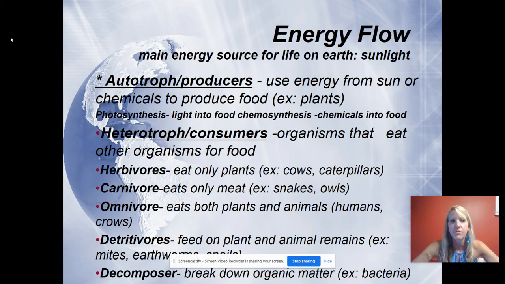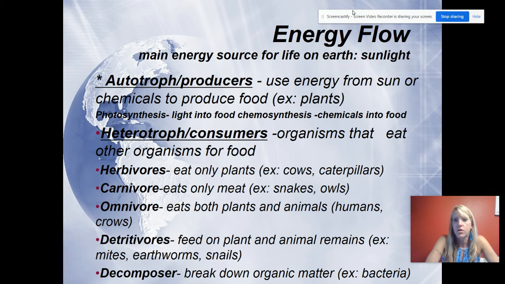Detritivores feed on plant and animal remains. They feed on detritus, which is plant and animal remains. An example of a detritivore would be a mite, earthworms, or snails. Say you go out into the forest or the bike trail in town, and you pick up a rotting log.